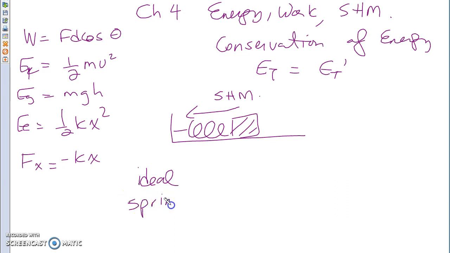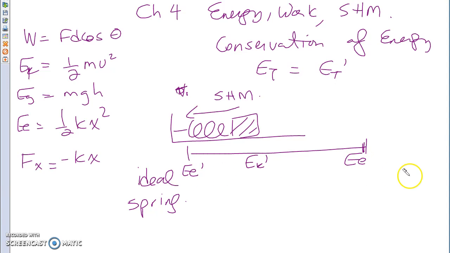We talked about an ideal spring, a spring which does not lose its k constant, never loses its springiness, et cetera. As this object moves from one point to another, this will be your EE maximum, this will be your EK maximum, and this will be your EE maximum again. But then it will keep on moving back and forth over and over again.